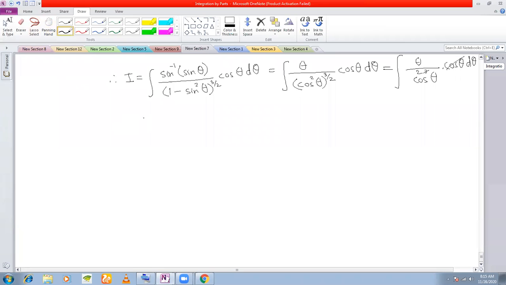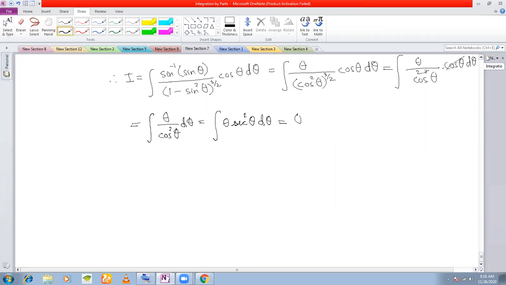So what do you get here? You get theta by cos square theta d theta, which can also be written as theta sec square theta d theta. Now what to do? By parts. Take theta as the first function. You can integrate sec square, so take sec square as your second function.